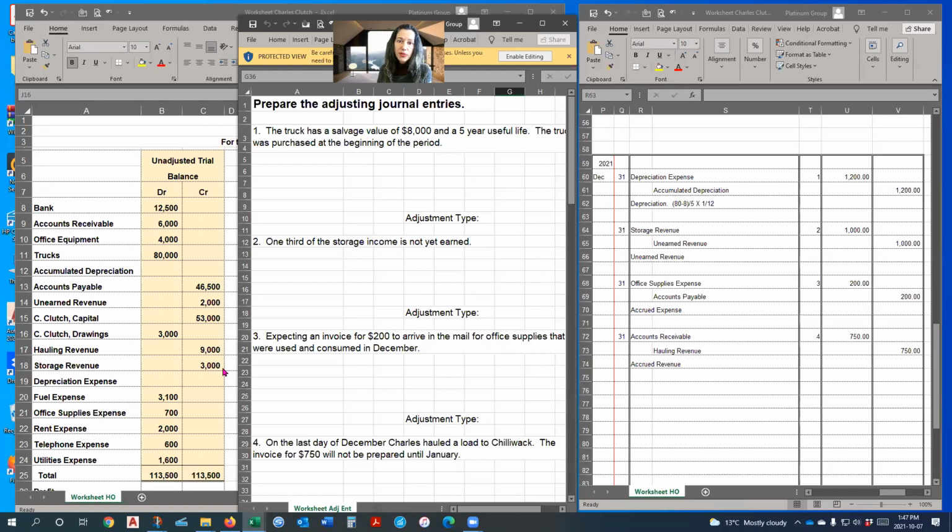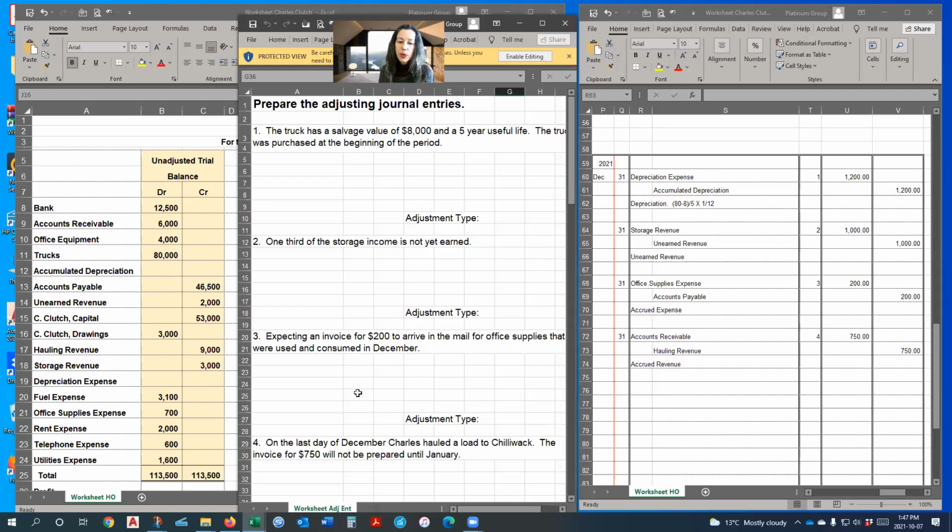So of the 3,000, 2,000 is earned, 1,000 is not earned, which means we owe our customer a service for $1,000. So we have to reduce storage income. We'll debit storage revenue, the official name of the account, $1,000, and we'll credit unearned revenue. We can see that account right here.